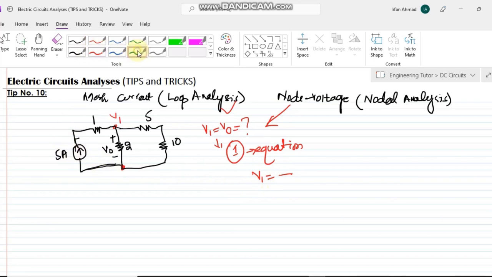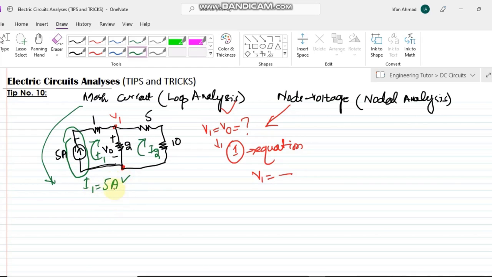Similarly, if we have to use the mesh current method, what will we do? We will use two currents here. The first one will be I1, the second one will be I2. The value of I1 is already given, because this is the branch current in which the same current I1 is flowing, and the value of I1 is 5 amperes.